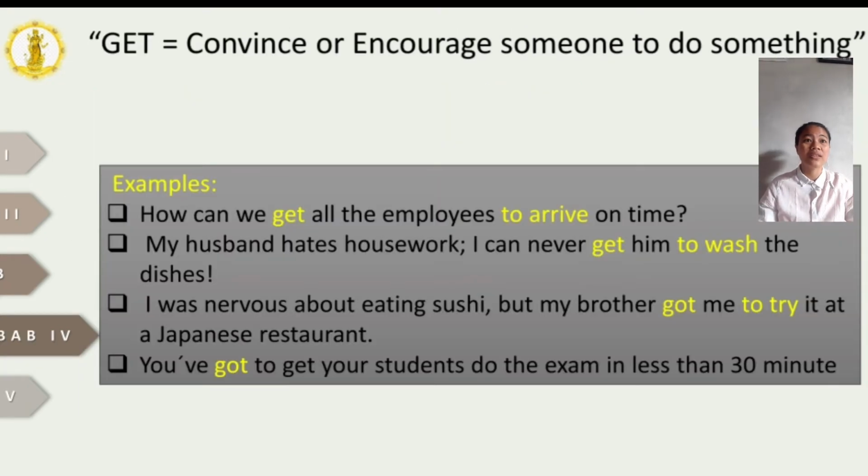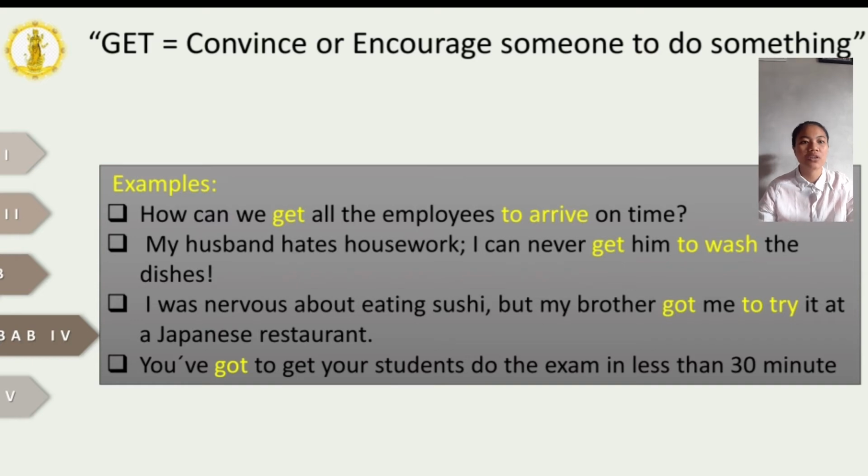Next, get. Get is to convince or encourage someone to do something. For example: how can we get all employees to arrive on time? My husband hates housework. I can never get him to wash the dishes. I was nervous about eating sushi, but my mother got me to try it at a Japanese restaurant.